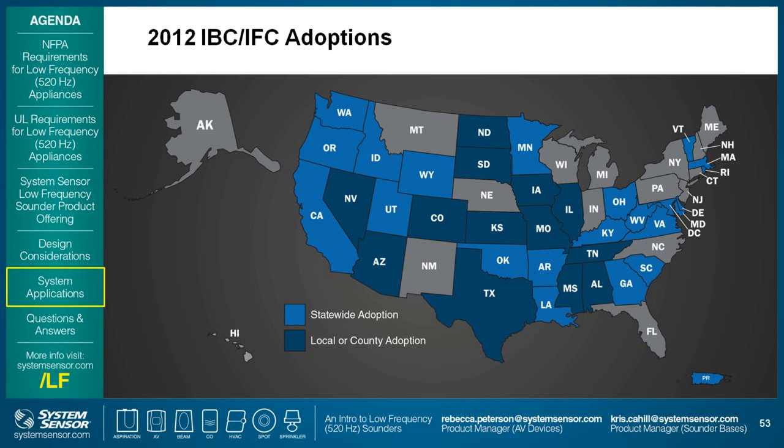And what we have done on our website is try to give you a general overview of states that have taken a statewide adoption, and that's the lighter blue. The darker blue areas are local or county-wide adoptions of where people have already changed over to low frequency requirements.